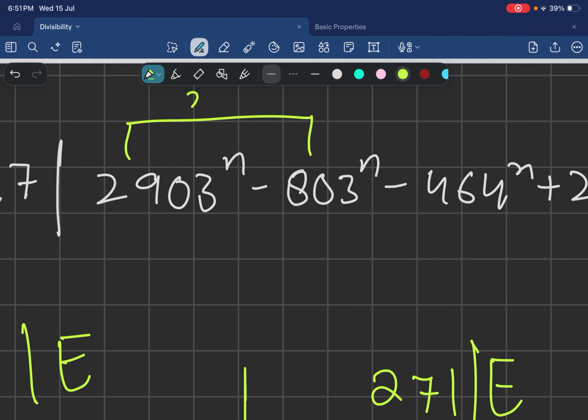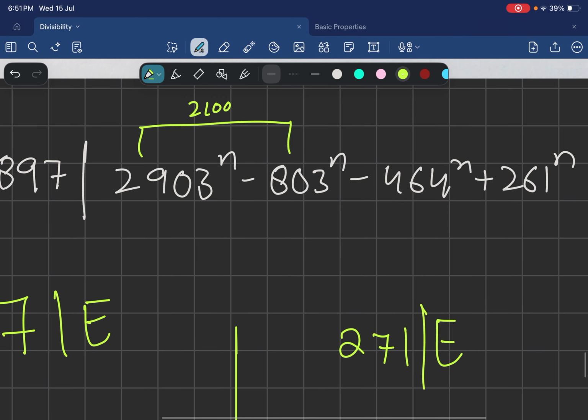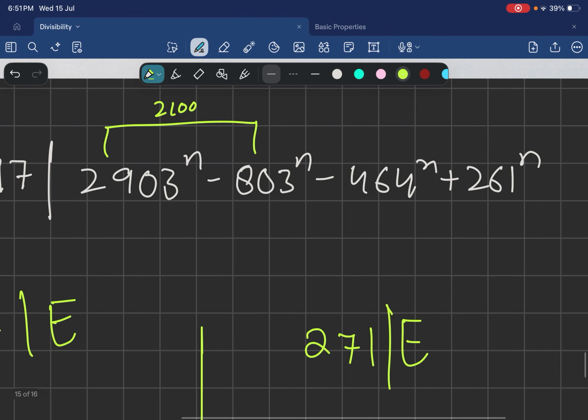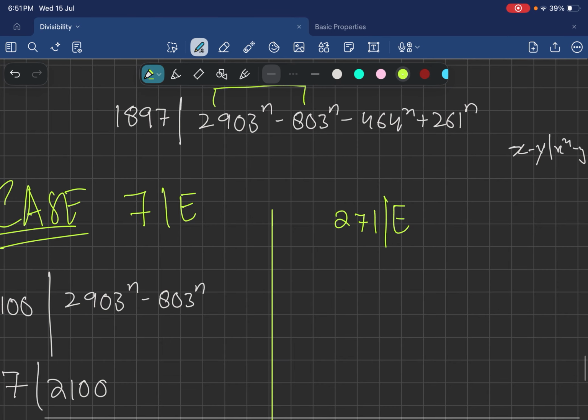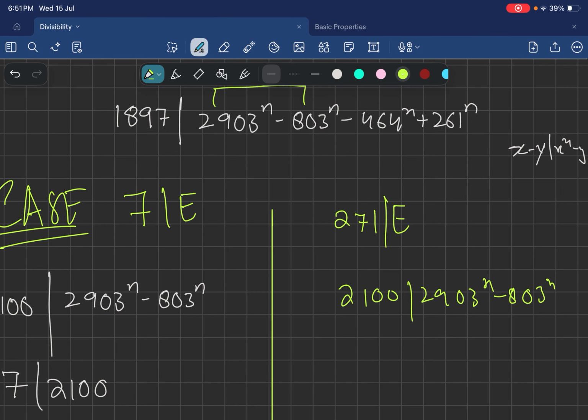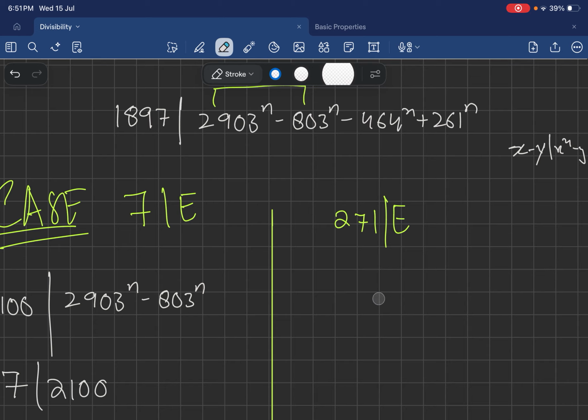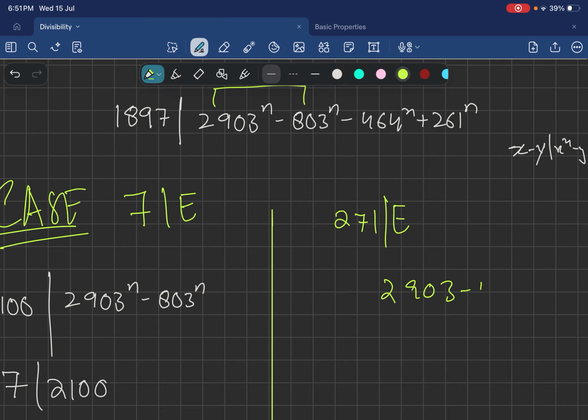If you do 2903 minus 803, you get 2100, so 2100 divides 2903 to the power n minus 803 to the power n, but 271 does not divide 2100, therefore it is useless. So we got nothing. Maybe let's try with 2903 minus 464.